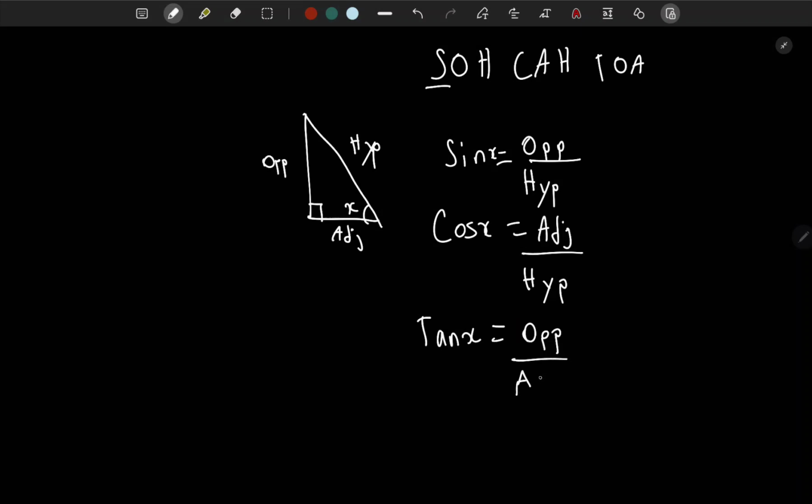This is the general rule of trigonometry for a 90 degrees triangle.